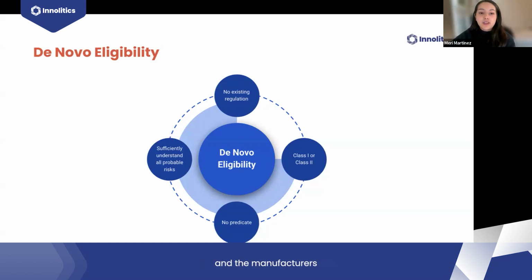And the manufacturers should sufficiently understand all probable risks, and they need to really know what type of risks are associated with this device in order to know whether the general controls alone are enough to mitigate these risks, or we need special controls such as specific testing or labeling in place for these type of devices.